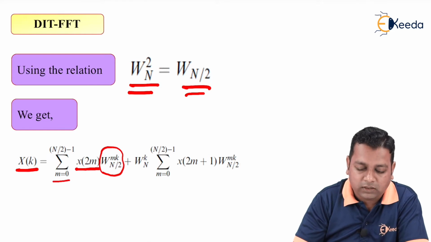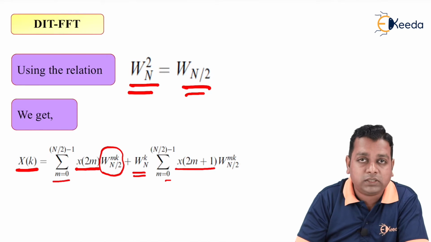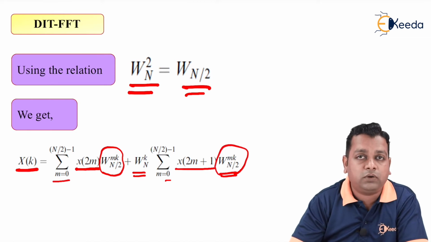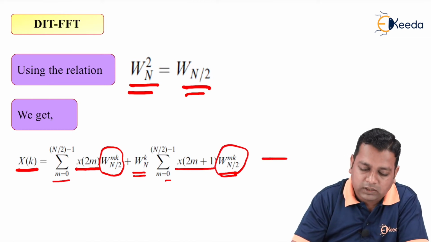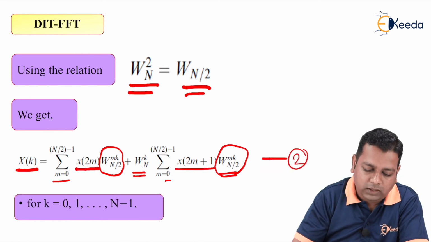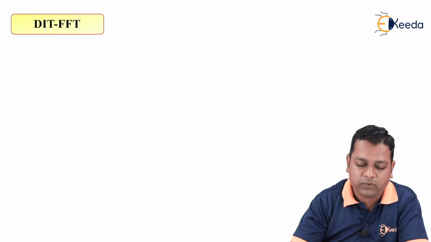In the second term we have W suffix N to the power k outside the summation, which ranges from m equal to 0 to capital N by 2 minus 1 for the product of x of 2m plus 1 with W suffix N by 2 to the power mk. Let us name this equation number 2, and it is again applicable for k equal to 0, 1, 2 up to capital N minus 1.